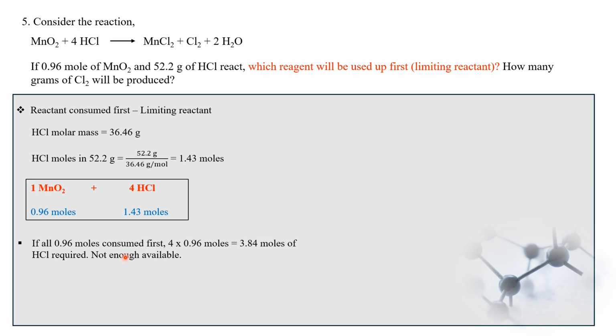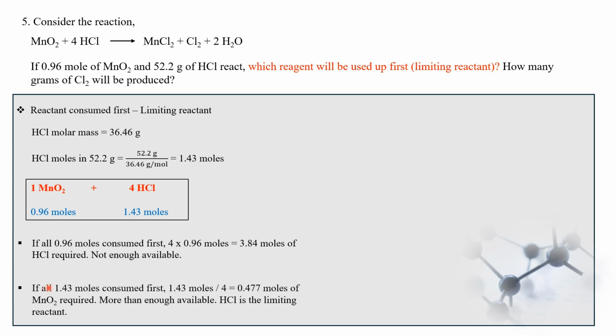Let's think the other way. If all 1.43 moles of HCl are consumed first, according to the molar ratio 4 to 1, 1.43 divided by 4 of MnO2 should be here. That is 0.358 moles. We have more than that, 0.96 moles.